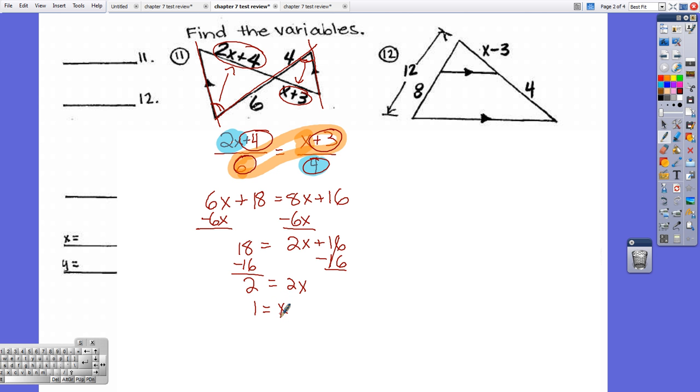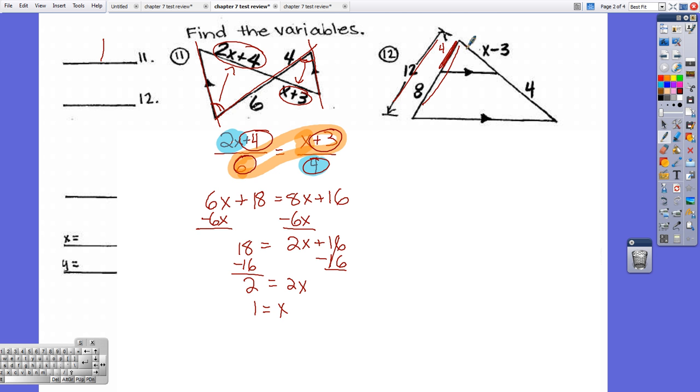On this side, I have to be real careful how I set it up. I know that my sides are parallel, but if this whole thing here is 12, then this amount here is 4. I just have to be careful how I set this up. I'm going to do the small triangle over the large triangle, the small triangle over the large triangle.